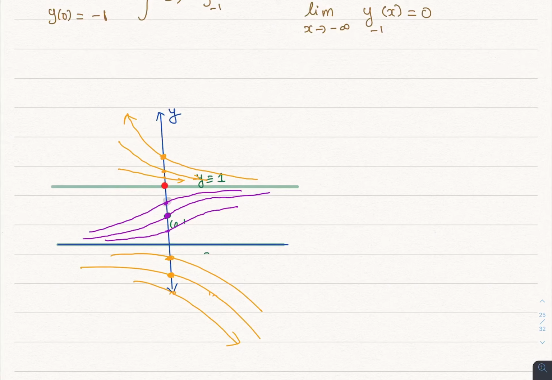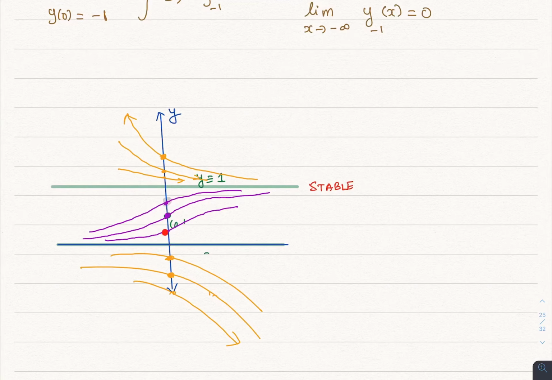All the solutions, whether it's up or down, are getting closer and closer to that value, right? And so this is called a stable equilibrium point.